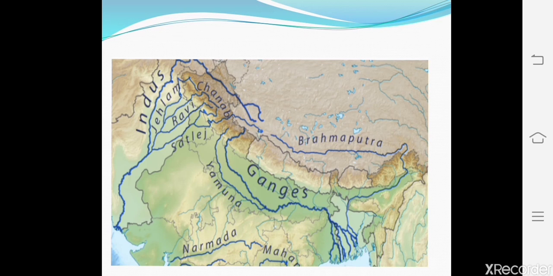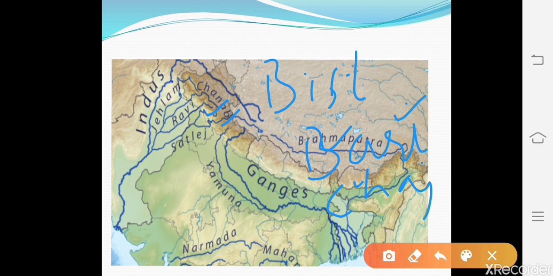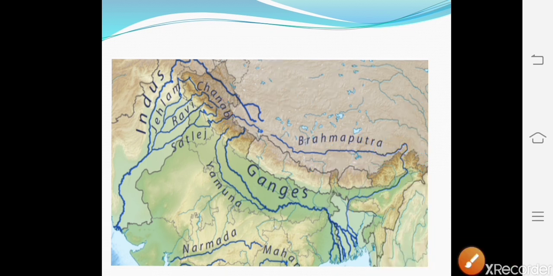For example, Jalandhar lies between Beas and Satluj River, that is called Bist Doab. And many other areas are there like Bari Doab, the area between River Beas and Ravi. Then we have Chach Doab, the area between River Chenab and Jhelum.